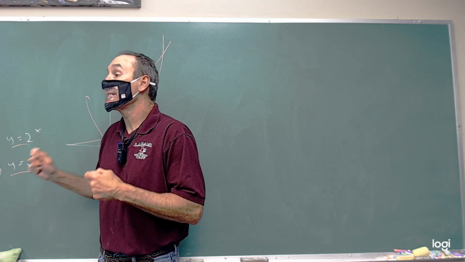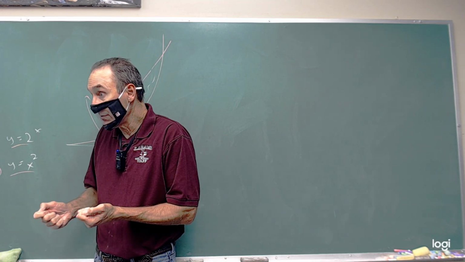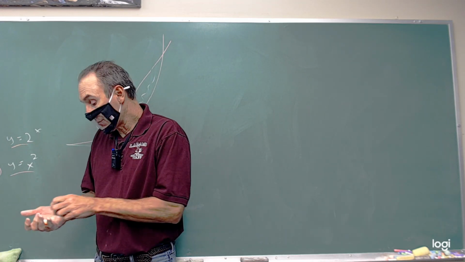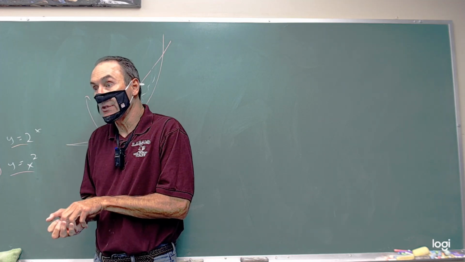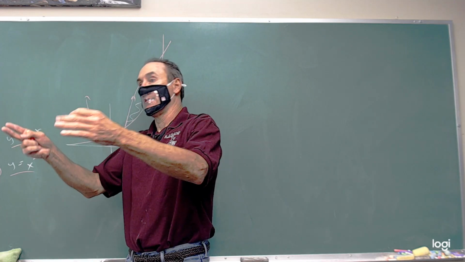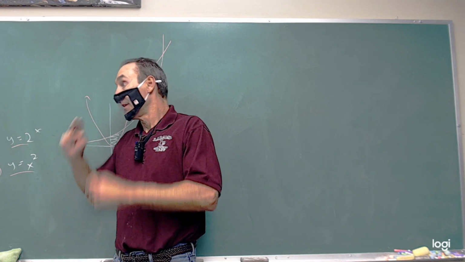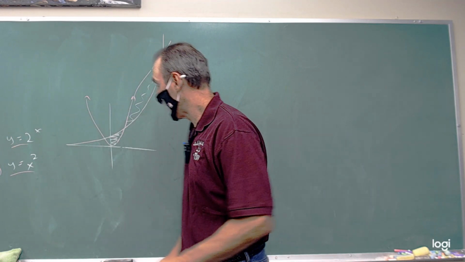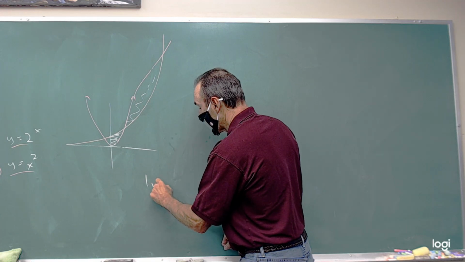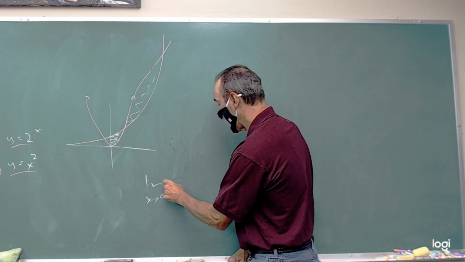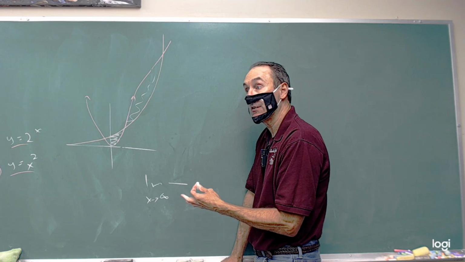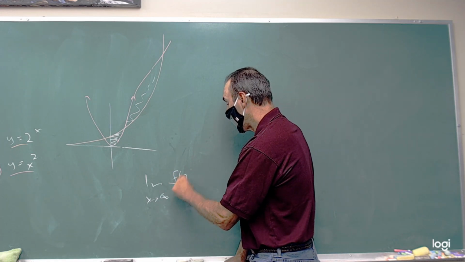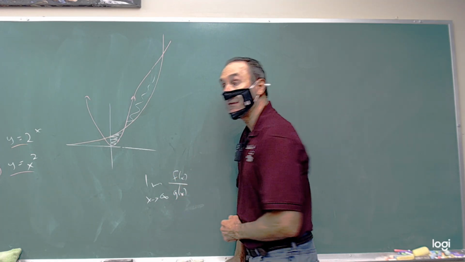Or are they the same order of magnitude? A nice way to do this, and we'll collaborate by talking to each other across the room, safely distanced, is to look at the limit as x goes to infinity of the ratio of f of x over g of x.